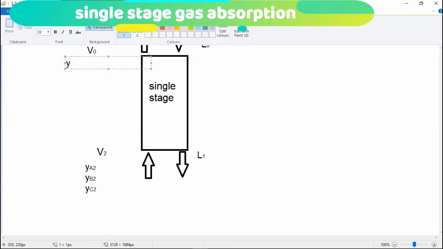The gas outlet mole fraction is also Y, so it would be YA, YB, and YC. And this is stream naught, so just write down naught as a subscript.